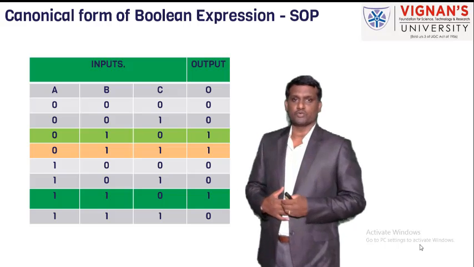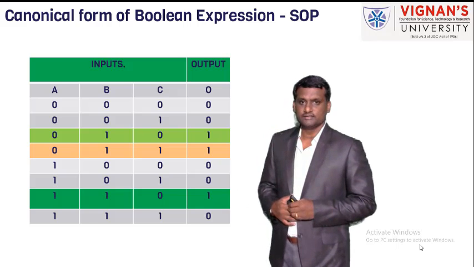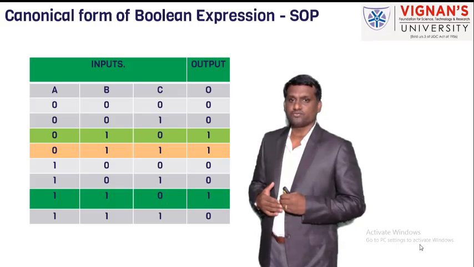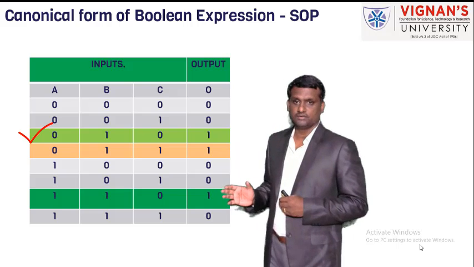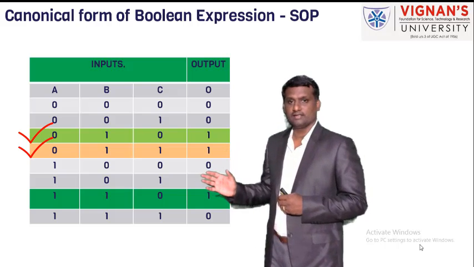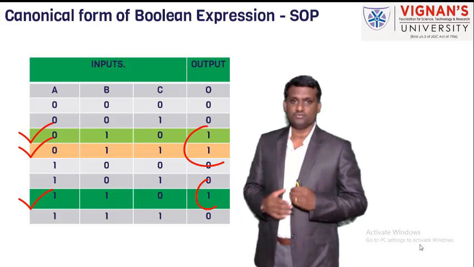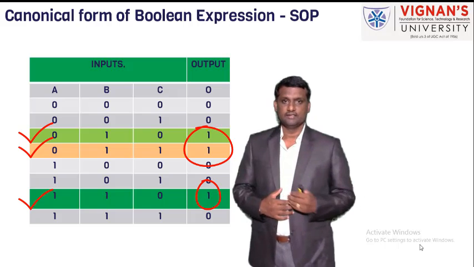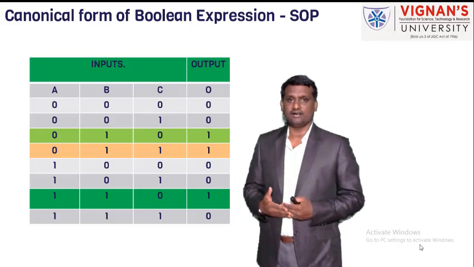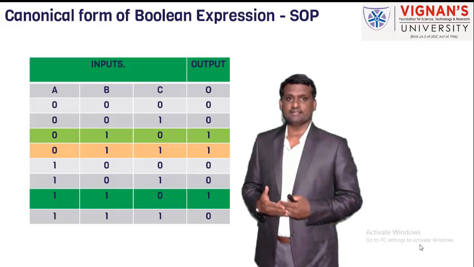In this model truth table, if you observe, the combinations 010, 011 and 110 have high outputs, that is 1. For the remaining combinations, the output is 0.